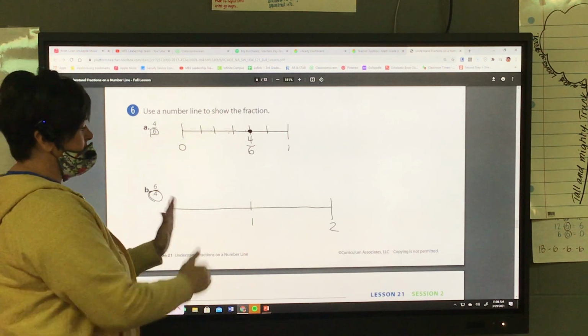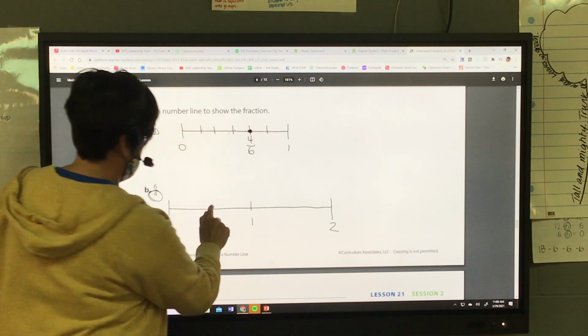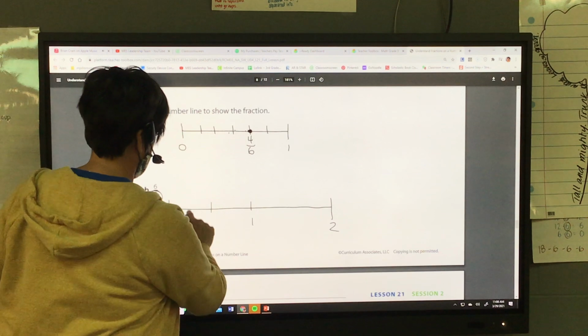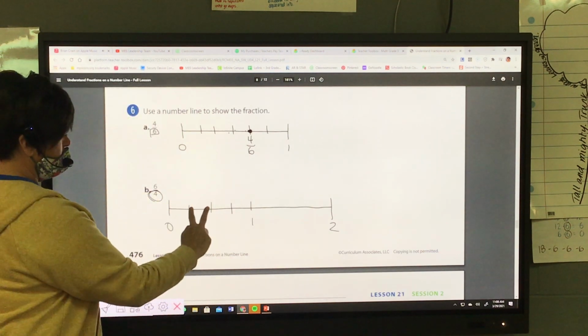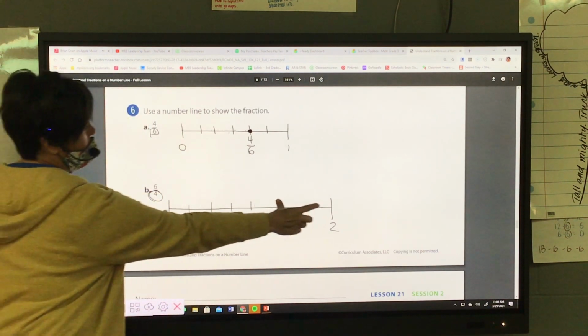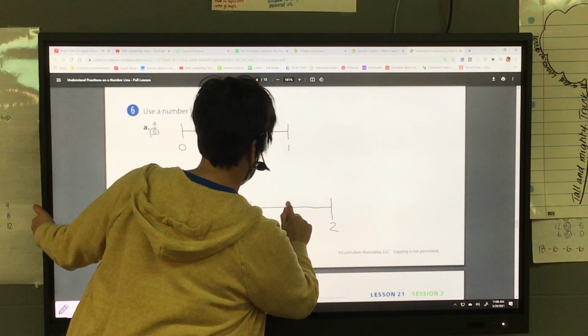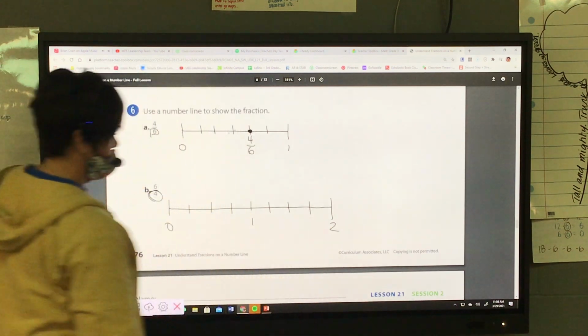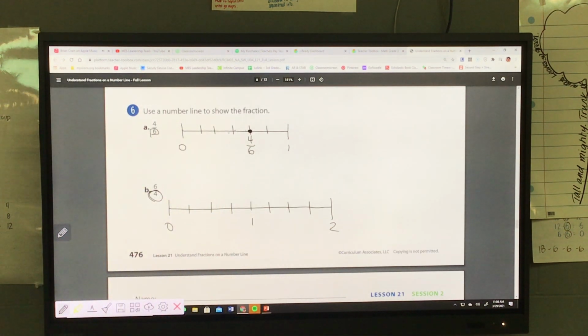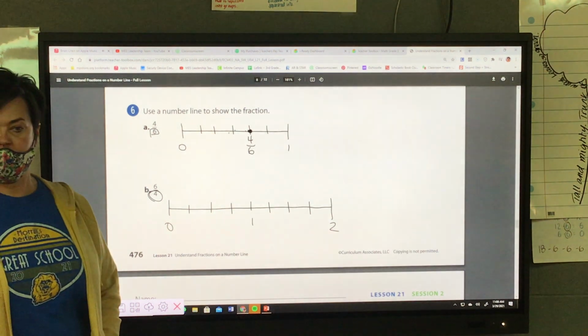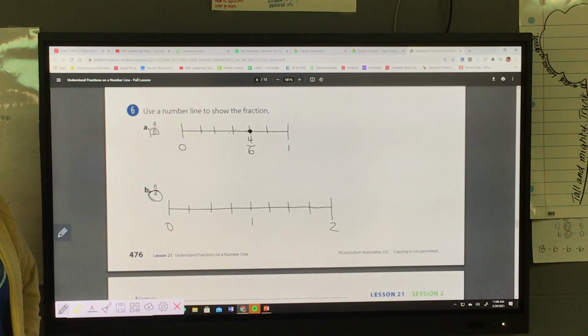So each one of these needs to be split up into how many equal parts? 4. 1, 2, 3, 4. What about from 1 to 2? 4. Also 4.